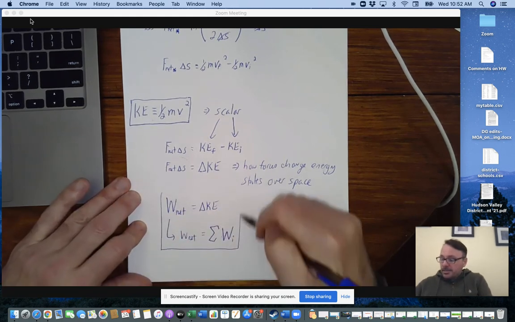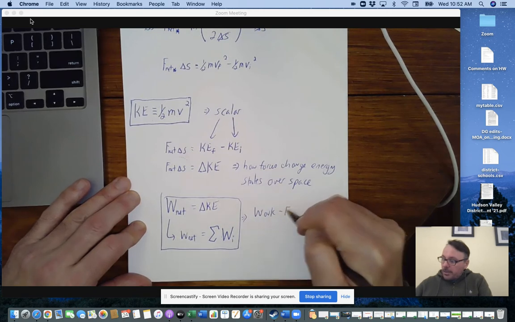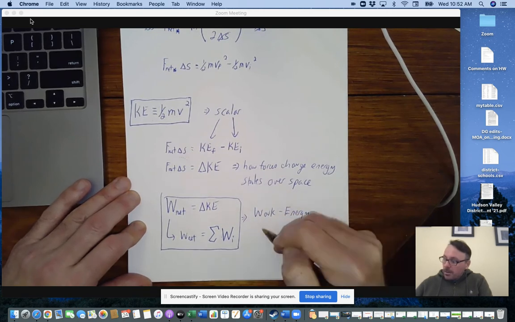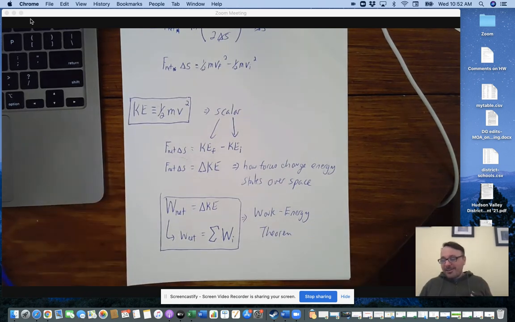So this, folks, is something that's known as the work energy theorem, which should make sense since before our corollary, where delta P was equal to F net delta T, was the impulse momentum theorem. So work energy theorem, impulse momentum theorem, okay?